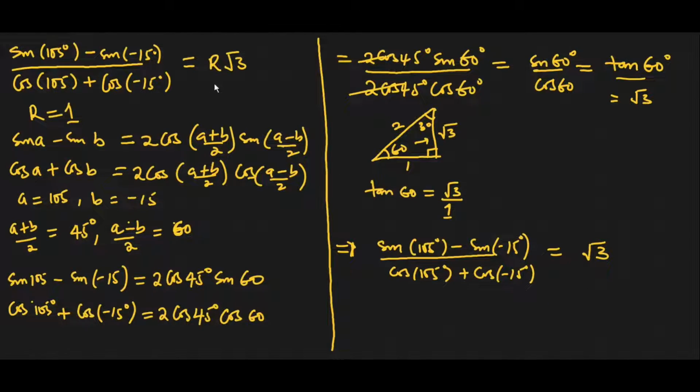So from what we are given, we can see that our answer is in this form. So all we need to do is compare our root of 3, and this is equal to root of 3. So that means that our r is equal to 1. So this is what is required to be proved right here.